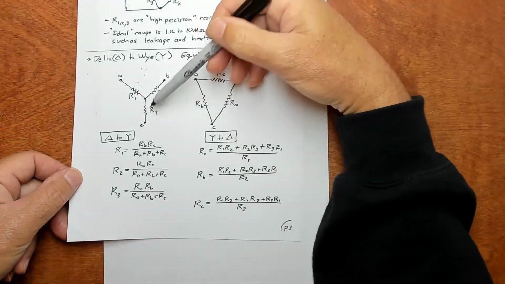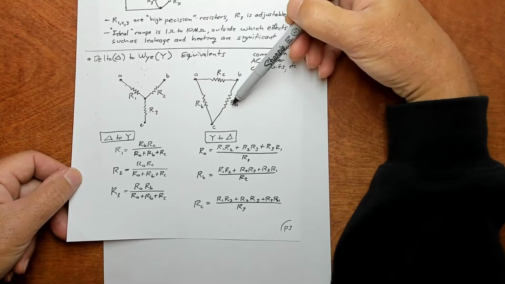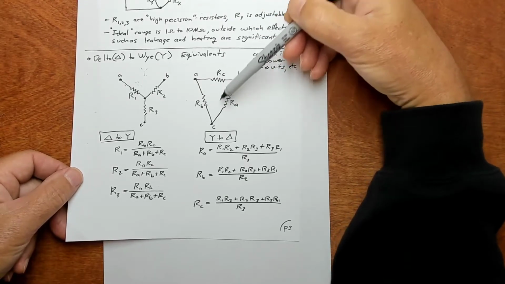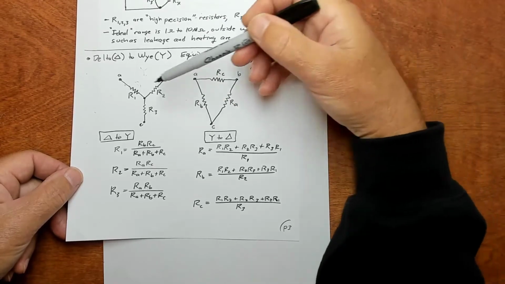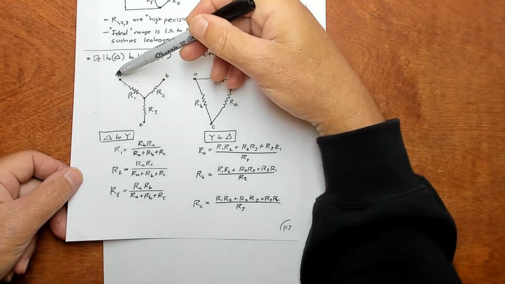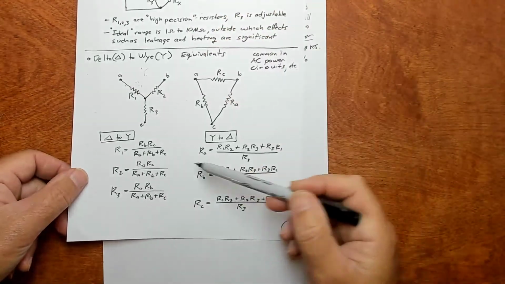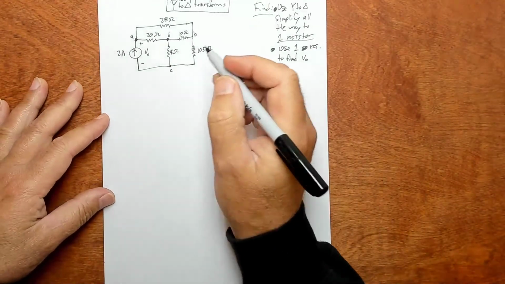RC is opposite C, RA is opposite A, and RB is opposite B, and R1 is next to A, R2 is next to B, and R3 is next to C, and we've got all these equations in here. So let's do that.